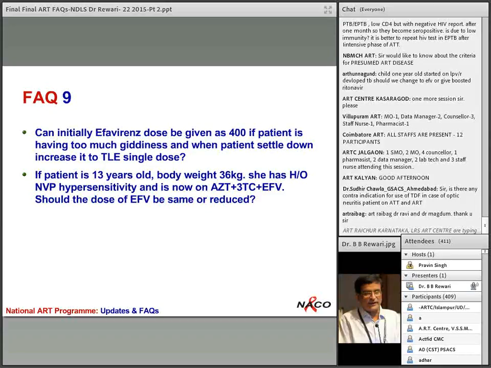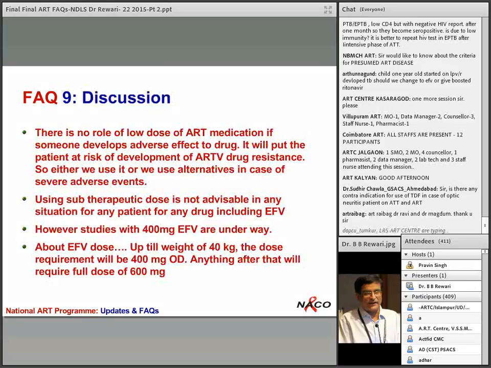Can efavirenz be given as 400 mg if the patient is having too much giddiness, and when the patient settles down, increase it to the TLE single dose? Again, a 13-year-old, 36 kg, with history of hypersensitivity, is on TLE, efavirenz. Should the dose of efavirenz be the same or reduced? There is no role of low dose of ART medication.